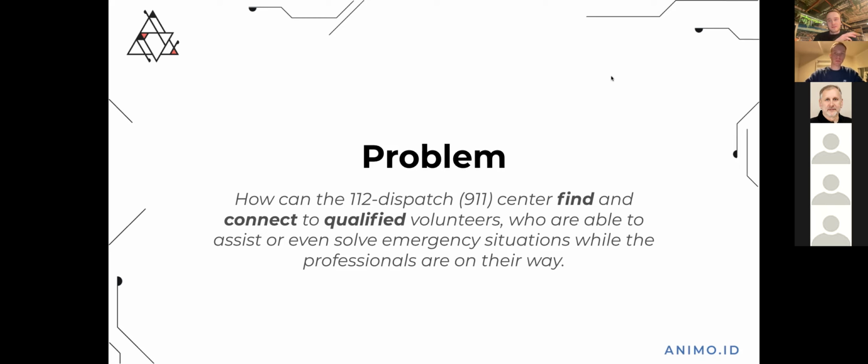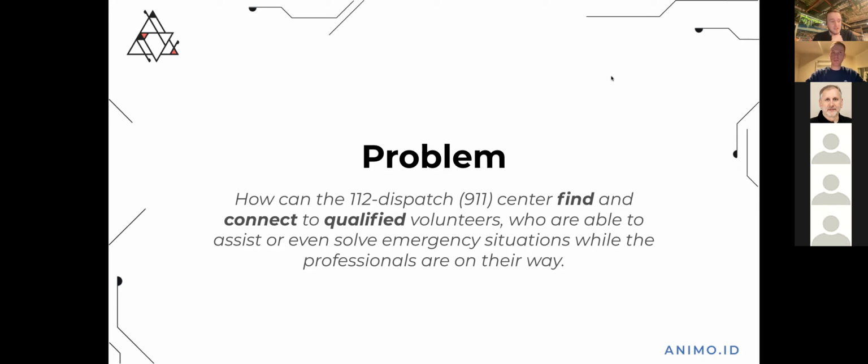And how can we find and connect qualified volunteers to the dispatch center, so that when professionals are on their way or it takes a bit longer, they can assist?